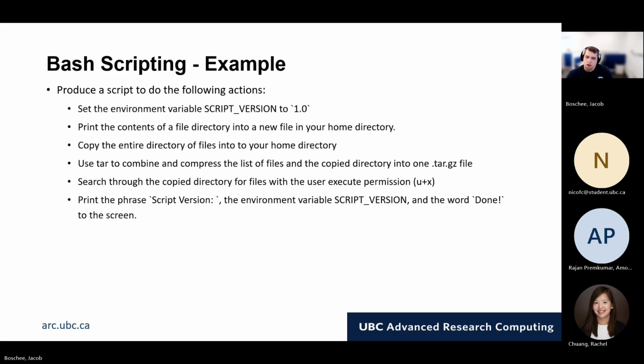So I will go through a brief example. This is a simple example that I have our students work through when we do our summer school course during the summer. It basically takes all of the details that we've gone over for this course, and you create your own script for it and run it.